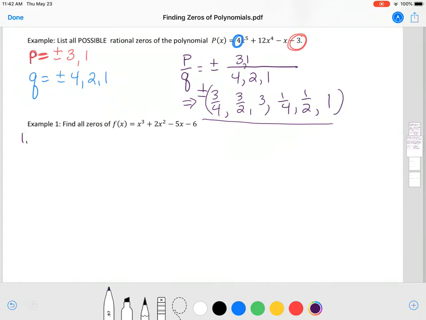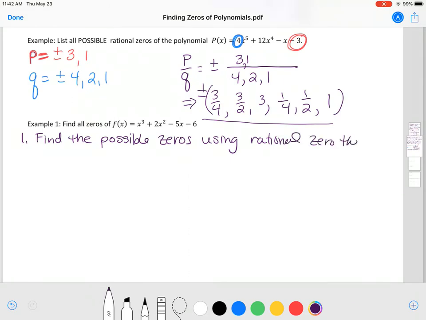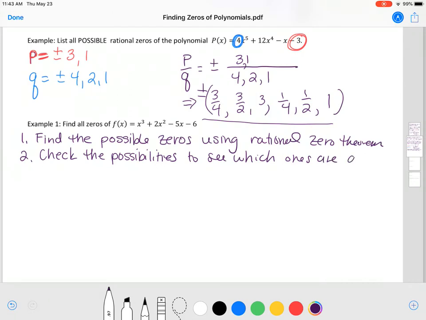The first step is to find the possible zeros using the rational zero theorem. Then the next step is to check the possibilities to see which ones are actual zeros.